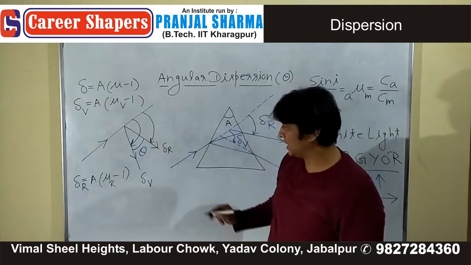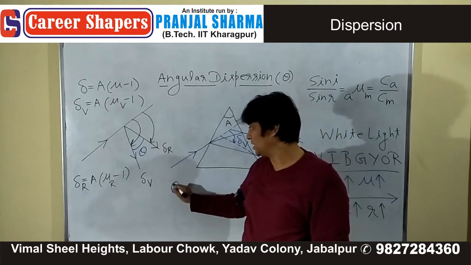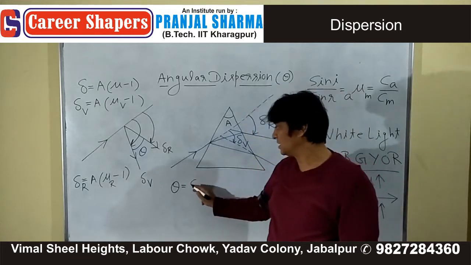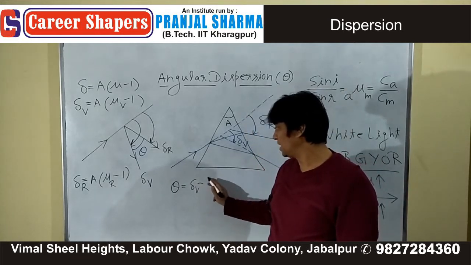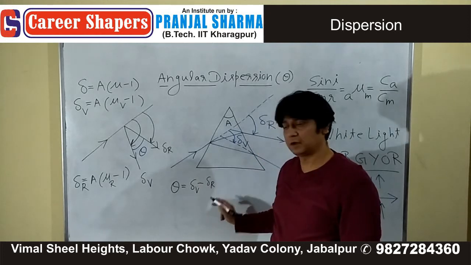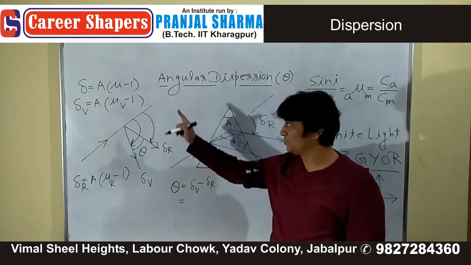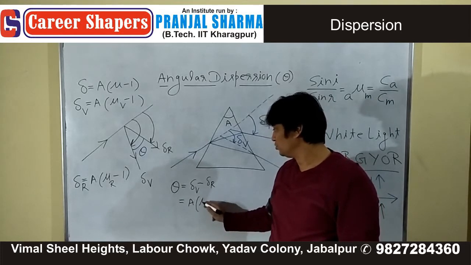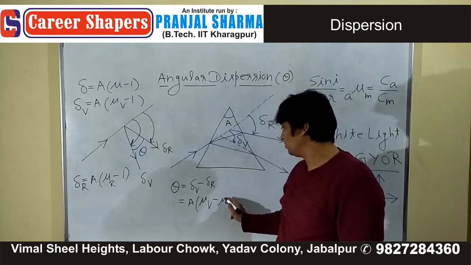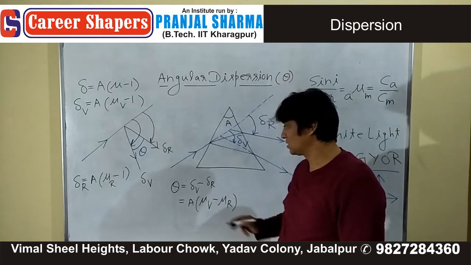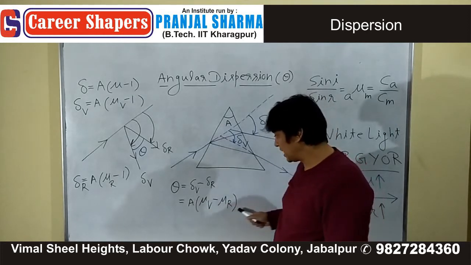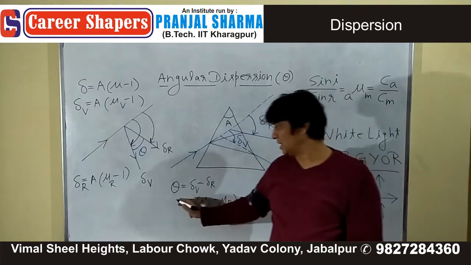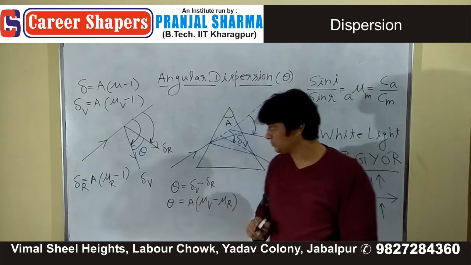Delta V. And therefore, theta, which is angular dispersion, is delta V minus delta R, which, if you subtract these, you get A times (mu V minus mu R). That's your angular dispersion, A times (mu V minus mu R).